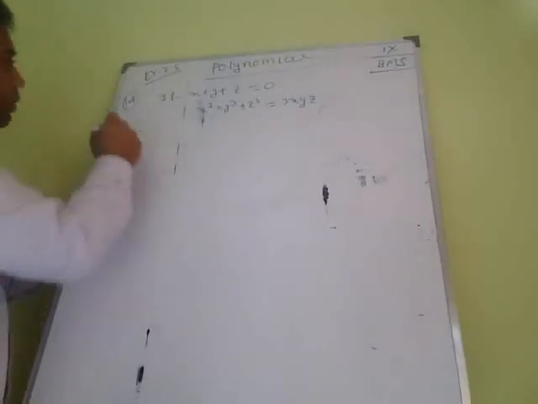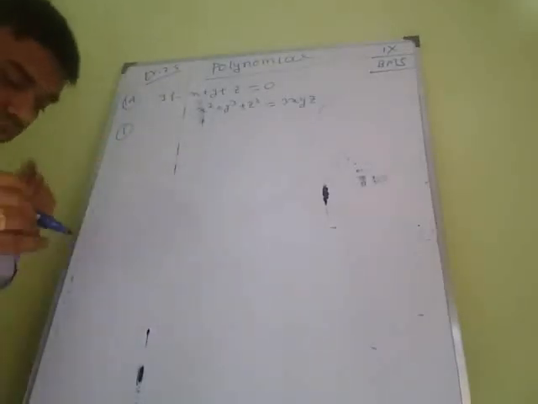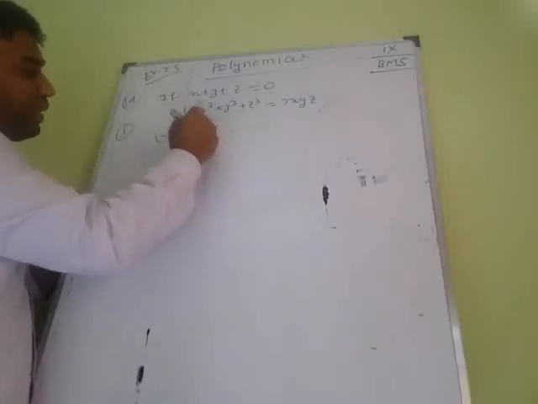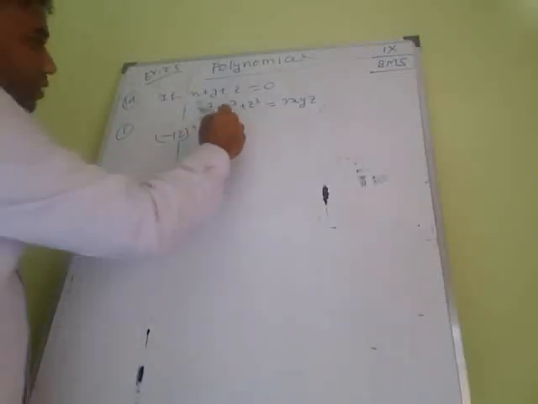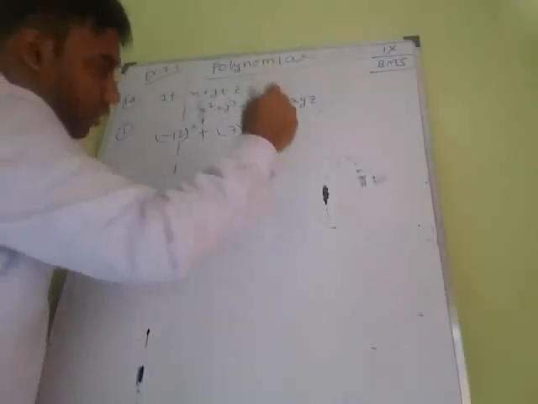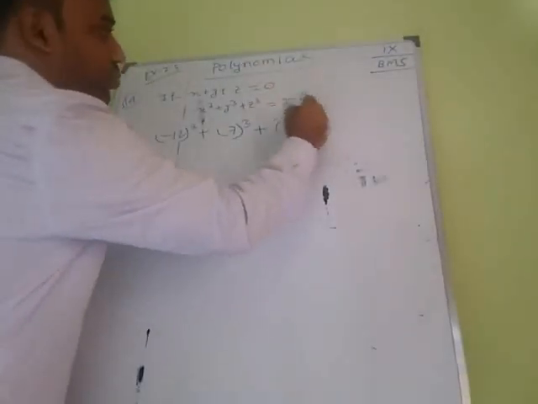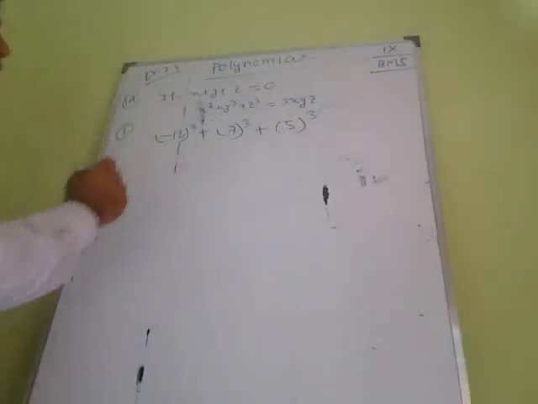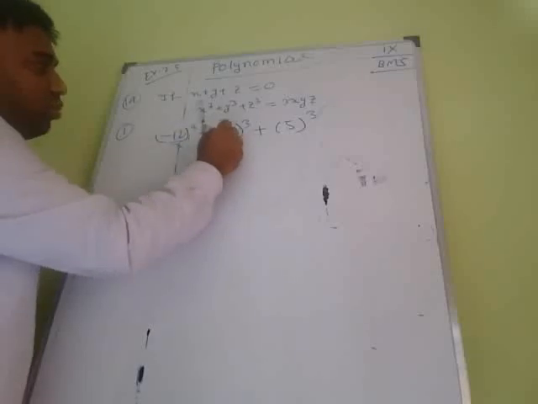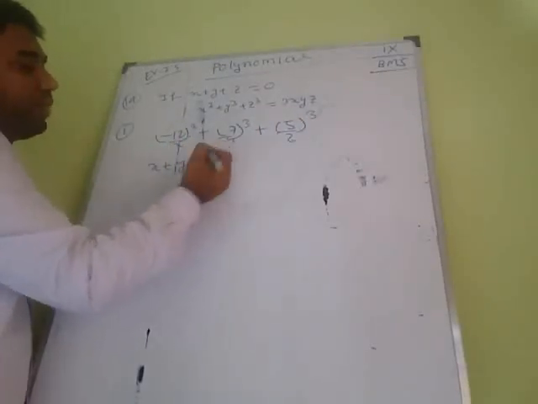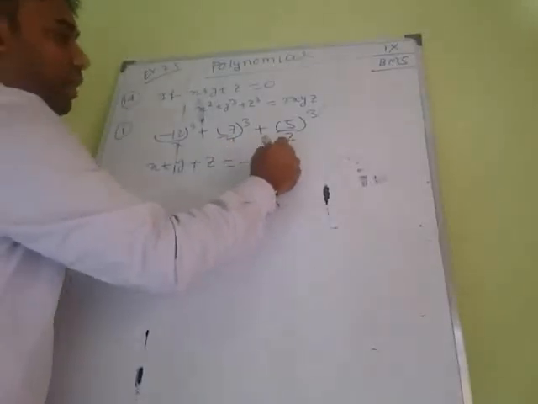Okay, now question number 14 part 1: minus 12 cube plus 7 cube plus 5 cube. Taking x, y and z, first let us find the sum of minus 12 plus 7 plus 5.